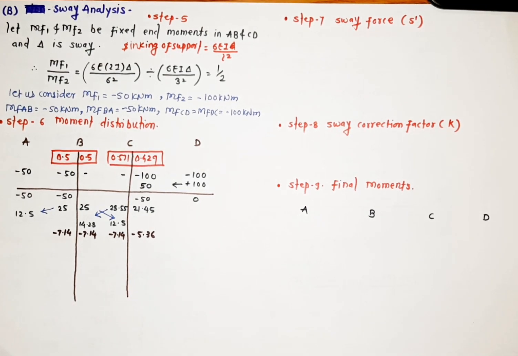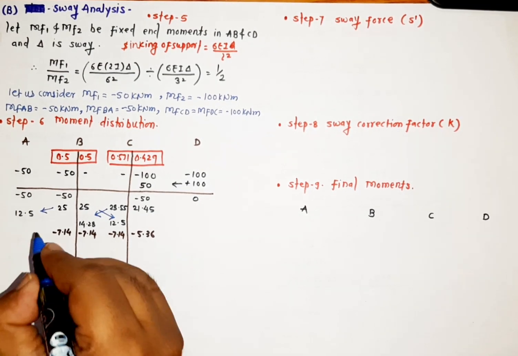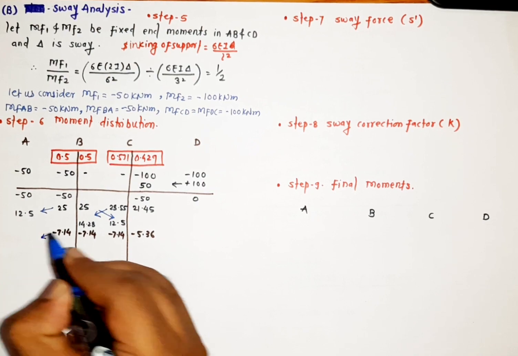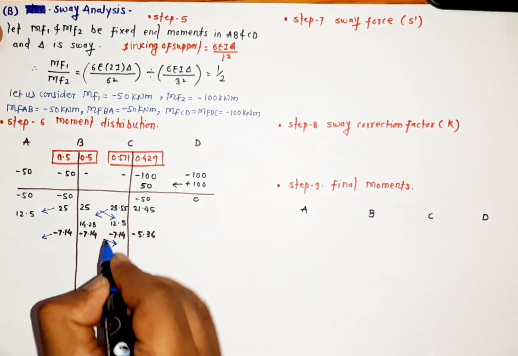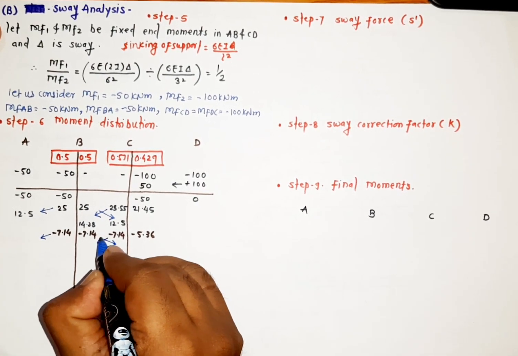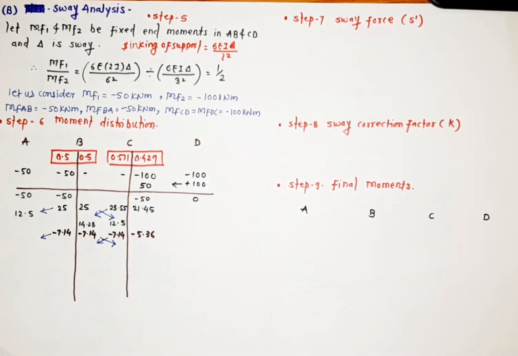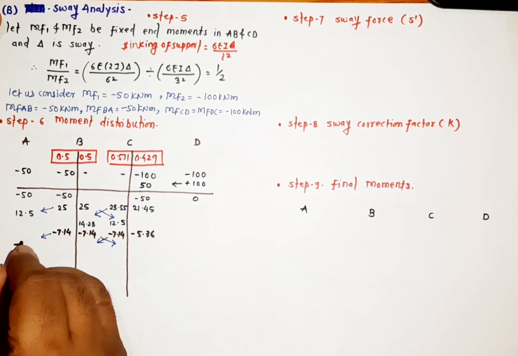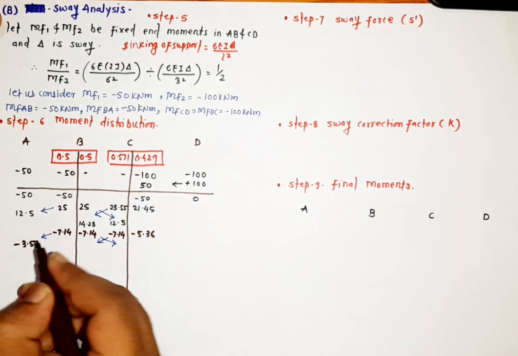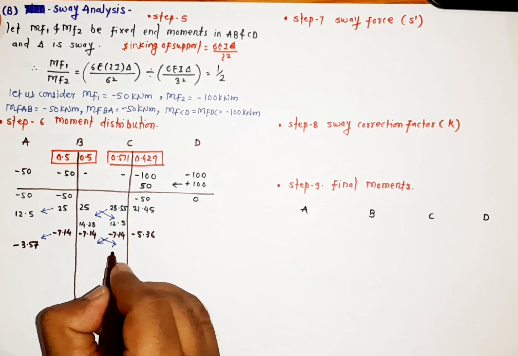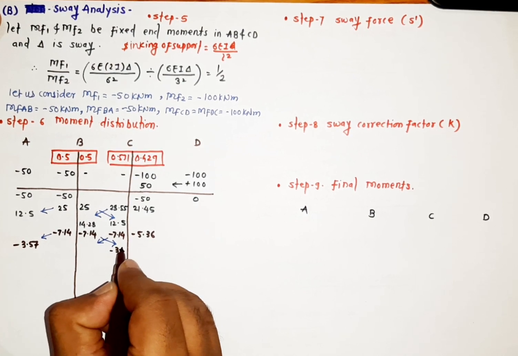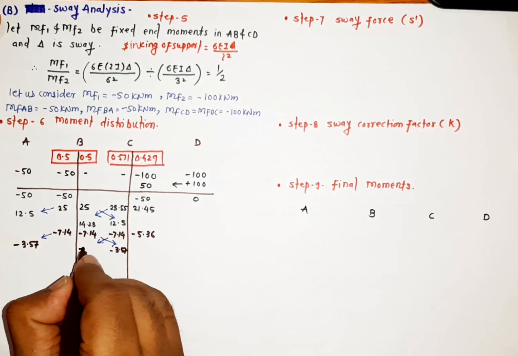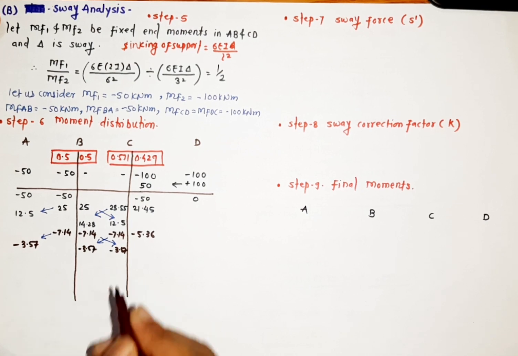Now next, what we have to transfer is half, but where? To the fixed end. B to A is fixed, B to C intermediate support, C to B intermediate support, and always remember intermediate supports are fixed ones. So 7.14 divided by 2, it will be minus 3.57. Again it will be minus 3.57.